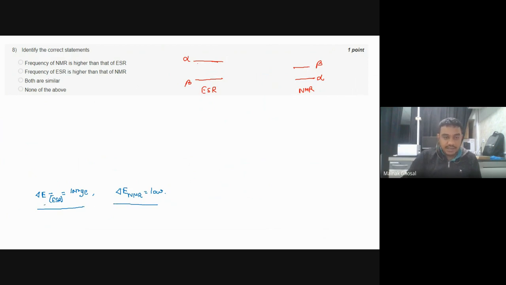So if delta E is higher, that means nu is higher or lower? Delta E is nothing but h nu. So if delta E is higher, that means nu is higher. And if delta E for NMR is low, that means the nu for NMR will be lower.